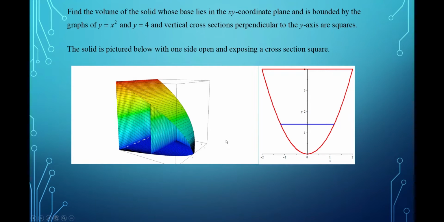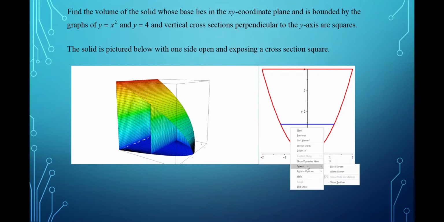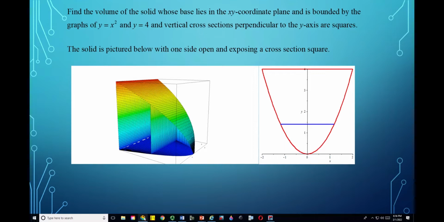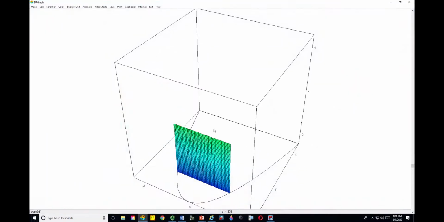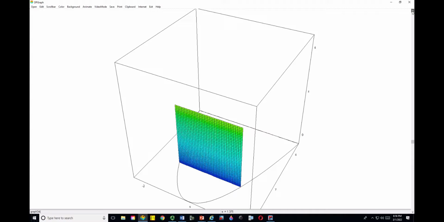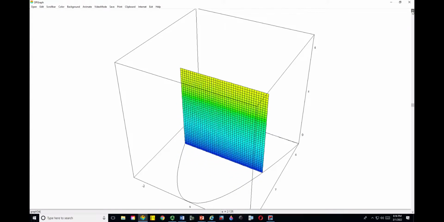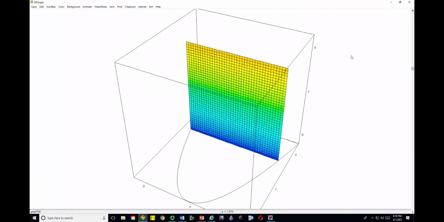So this is what we're looking at here. Just to picture it a little bit more before we compute it. Here's a picture again of the base, and then here's a cross section, and you can notice that the cross section is getting larger as y goes from 0 down here to 4 up here.